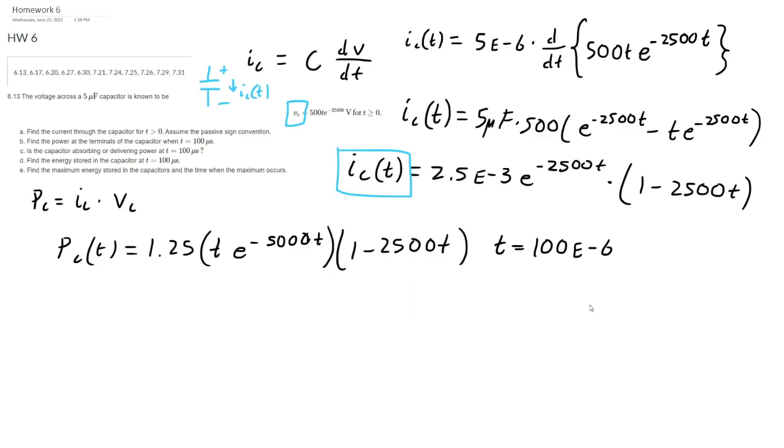It's 1.25 times 100 e to the minus 6, times e to the minus 5000 times 100 e to the minus 6, times 1 minus 2500 times t.